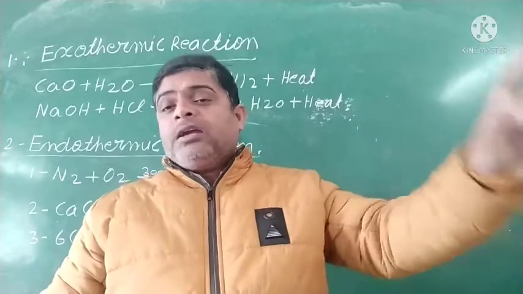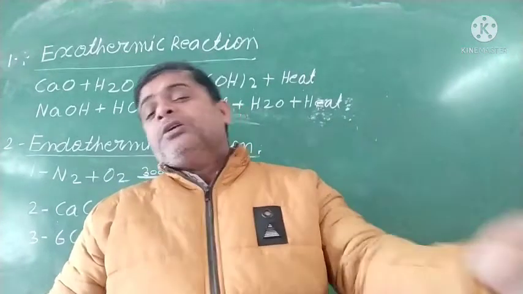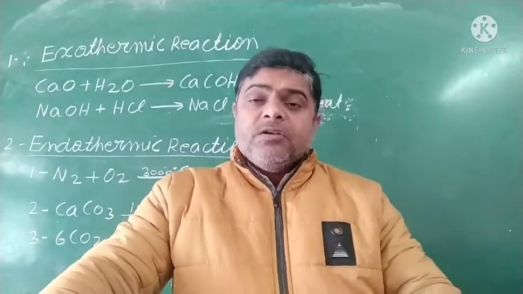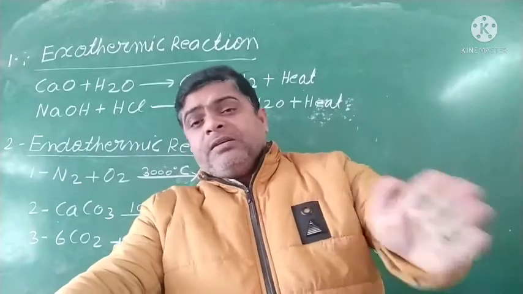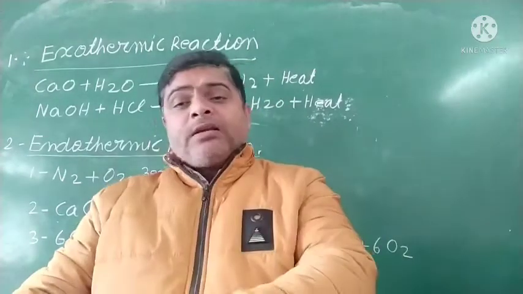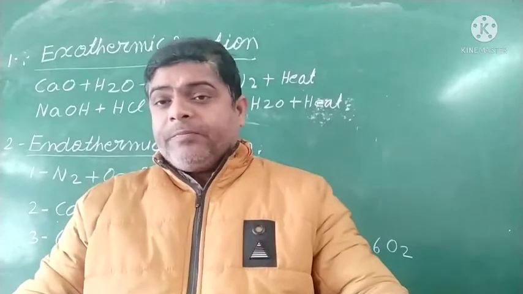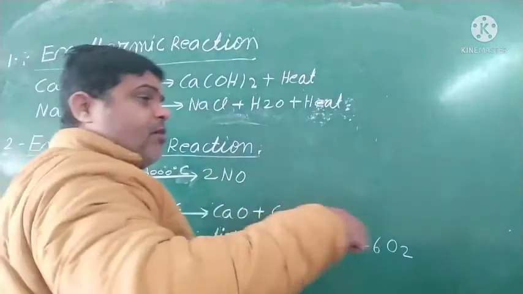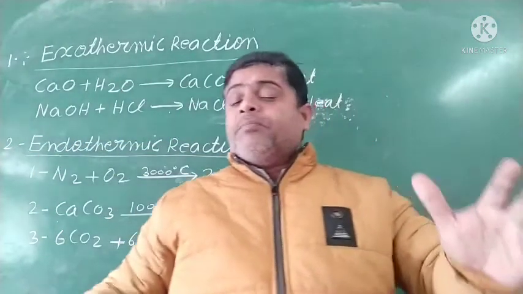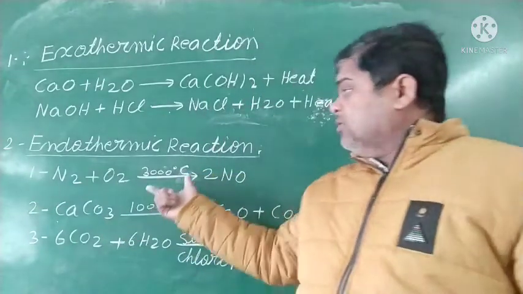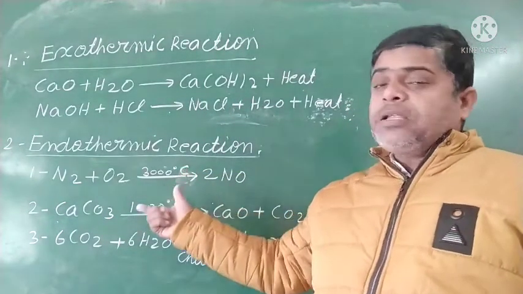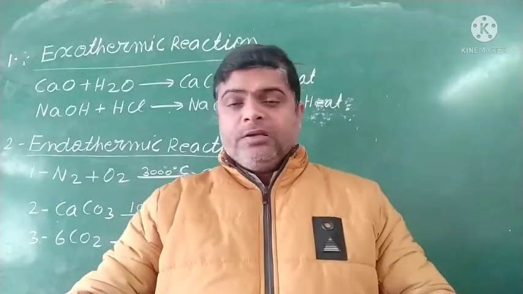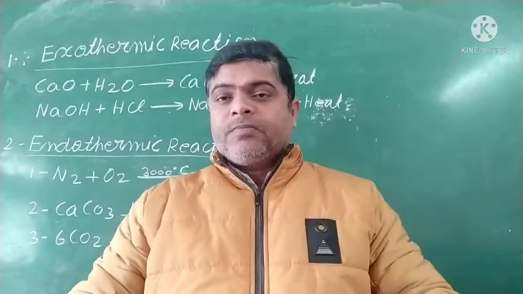The cloud which contains more charge transfers the negative charge into the other cloud. When millions of charges jump from one cloud to the other, it develops light. So at that time, a temperature of about 3000 degrees Celsius is released, and at that temperature nitrogen reacts with oxygen and forms nitrogen monoxide. This is already a natural process.